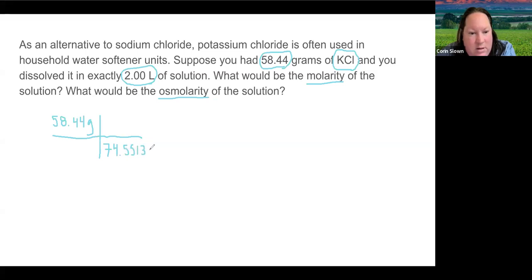74.5513, and that's going to be grams, and this is 1 mole of KCl.